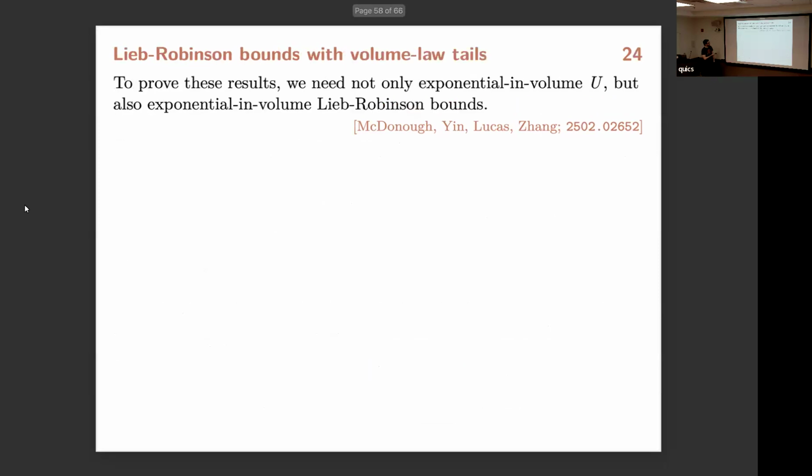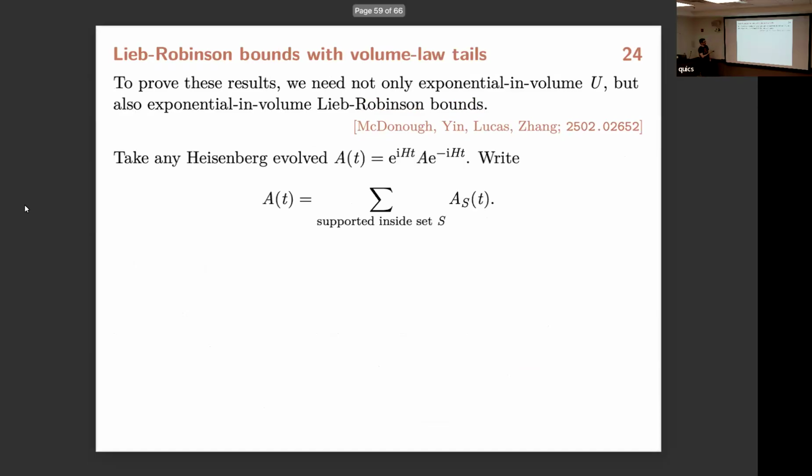Maybe let me just try to quickly flash another application, or rather a result that we needed to get that theorem: volume law tailed Lieb-Robinson bounds. These are much better than the standard ones that I've used in the past. What we basically want is the following.